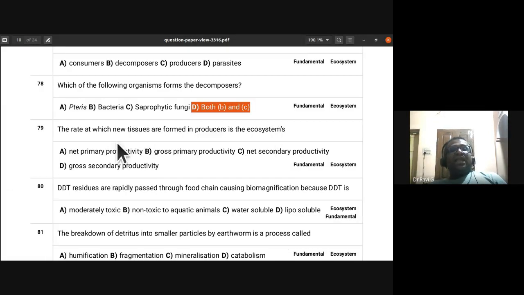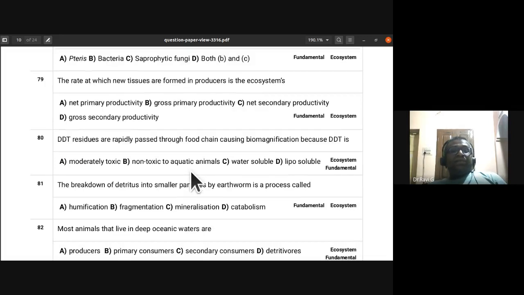79, the rate at which new tissues are formed in the producers is the ecosystem's net primary productivity. So it is termed as the net primary productivity.